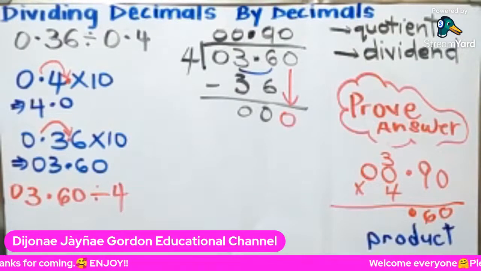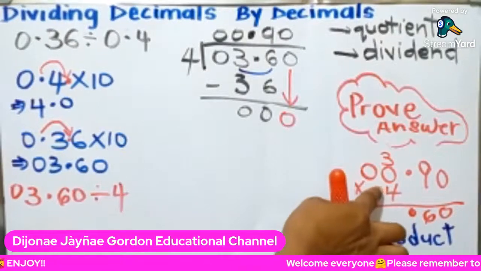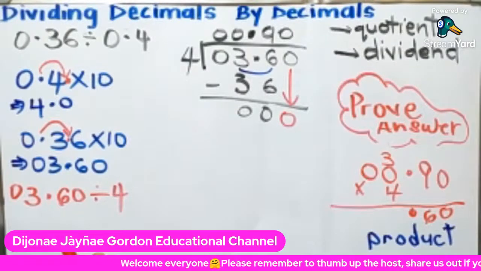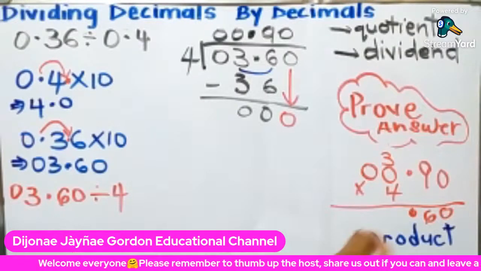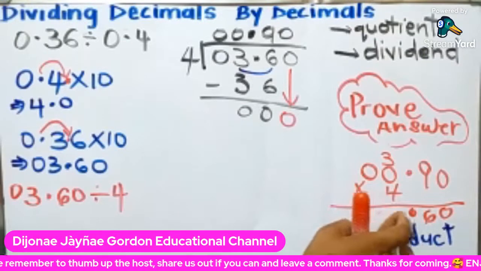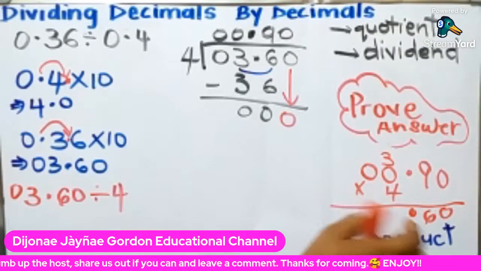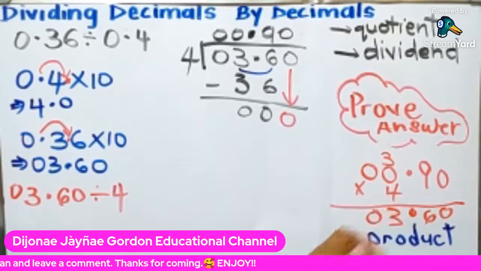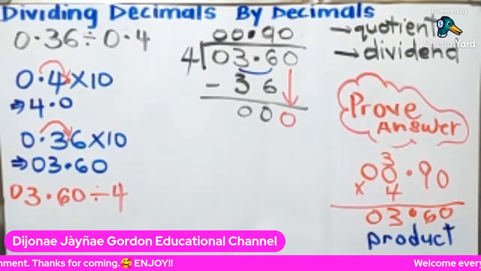The next thing you're going to do is multiply 4 by 0, you're going to get 0, and add 3 to 0, you're going to have 3. I'm going to take my 0 next and multiply it by 4, and I'm going to get 0, because any number you multiply by 0, you get 0.